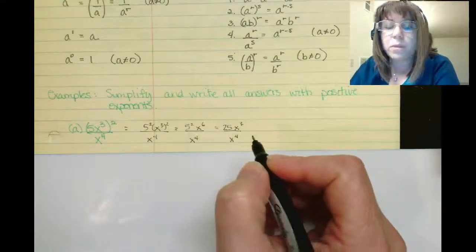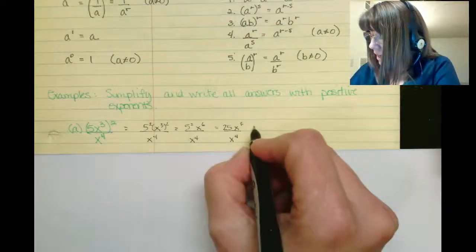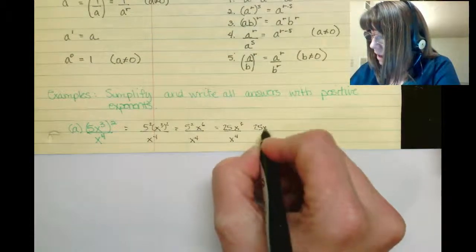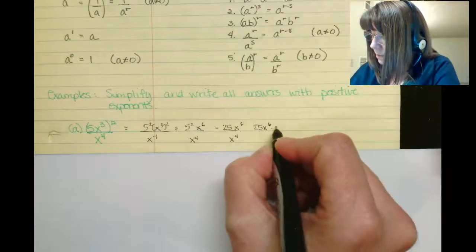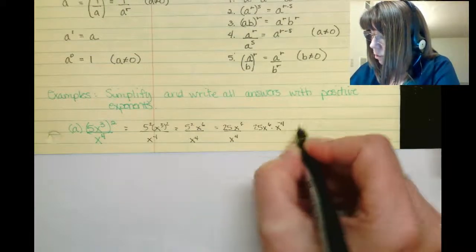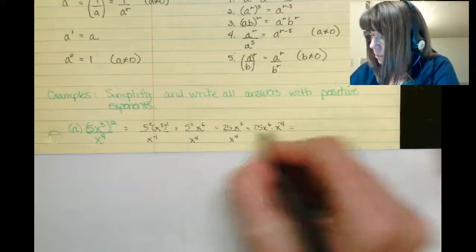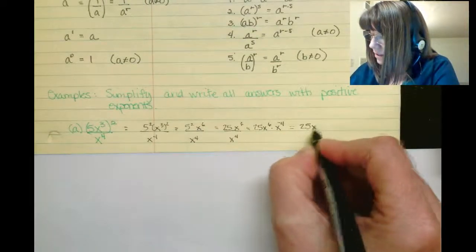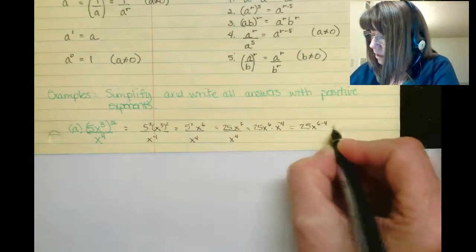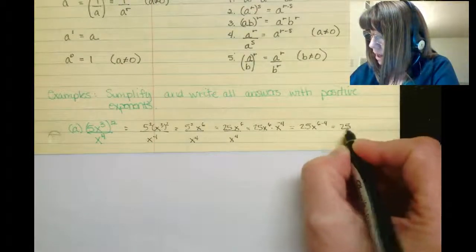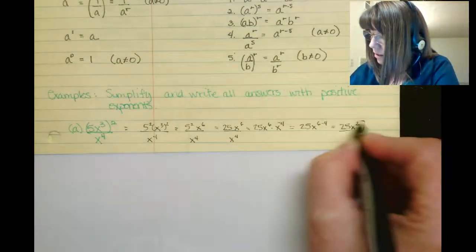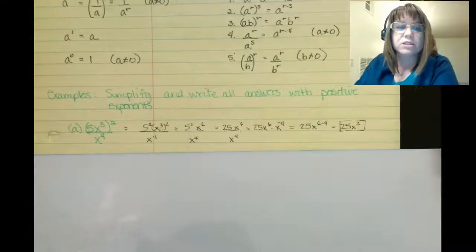Using our 4th property, I can now say 25 x to the 6th times x to the negative 4. But that's 25 x to the 6th minus 4, leaving me with 25x squared. That's my final solution to that one.